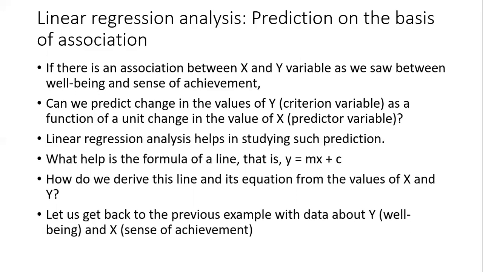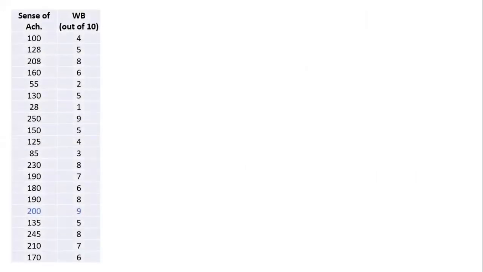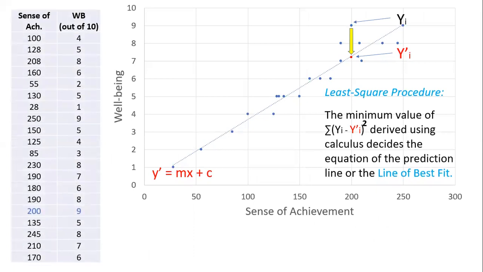So this is where we get back to the previous example with data about well-being and sense of achievement. Let's see how it can be done. So here is the data once again. And here is the scatter diagram. And within that scatter diagram, we find one dotted line for which we can easily understand the formula can be y prime.